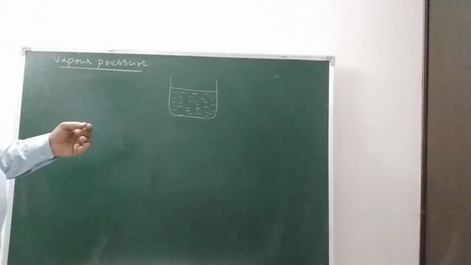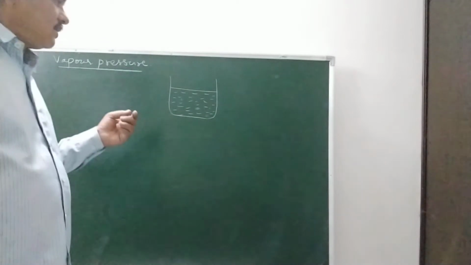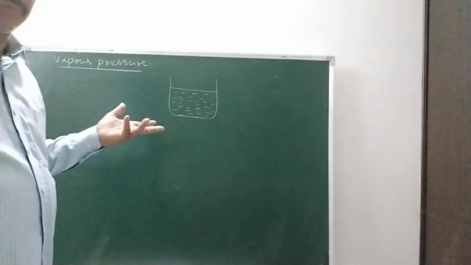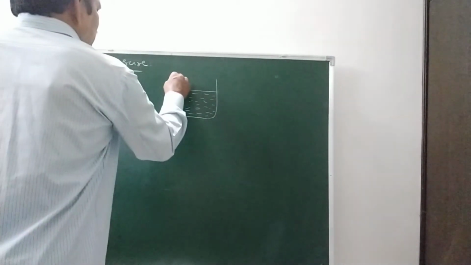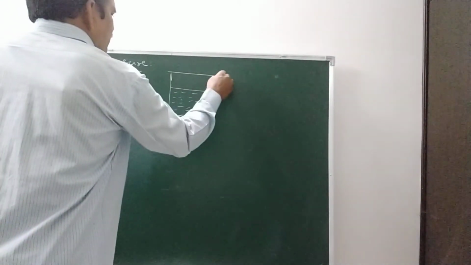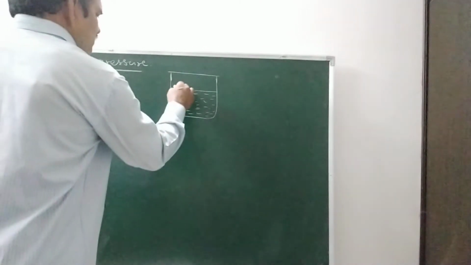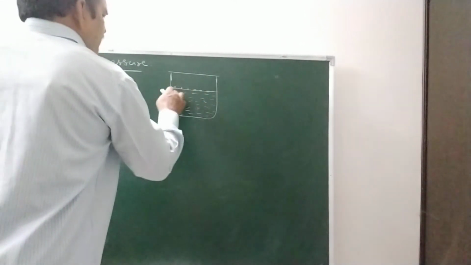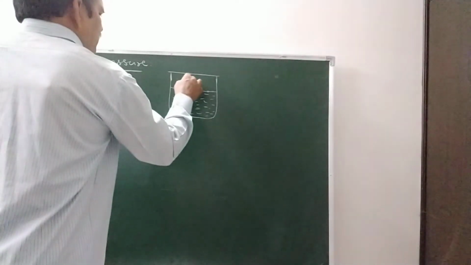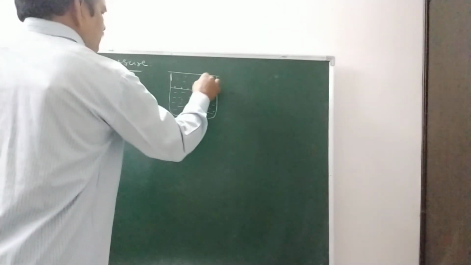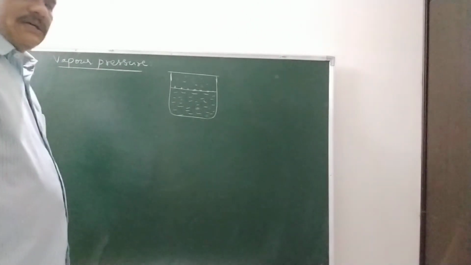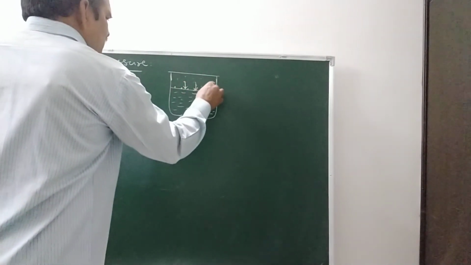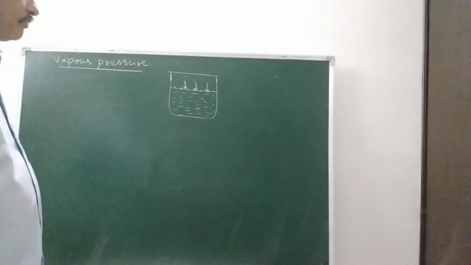A volatile liquid is one whose tendency to vaporize is more. If this volatile liquid is taken in a closed vessel, what happens? The particles present on the surface leave the surface and enter into the space. These molecules cause pressure on the surface of the liquid.